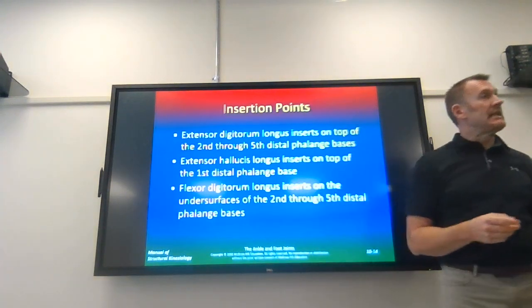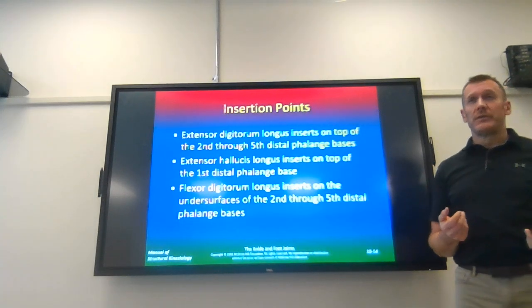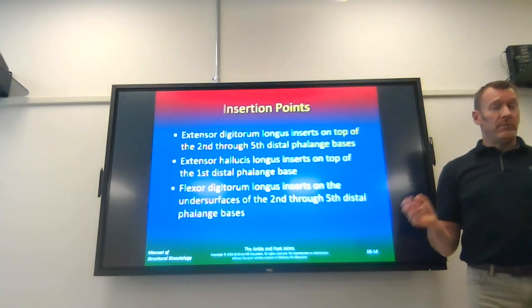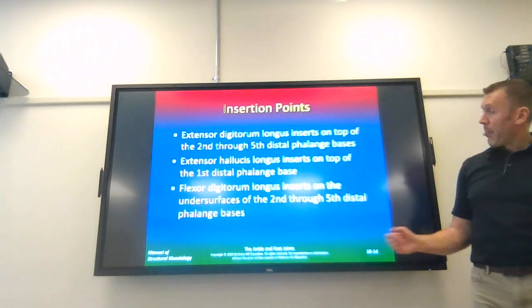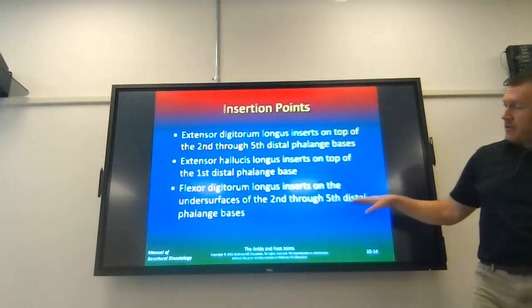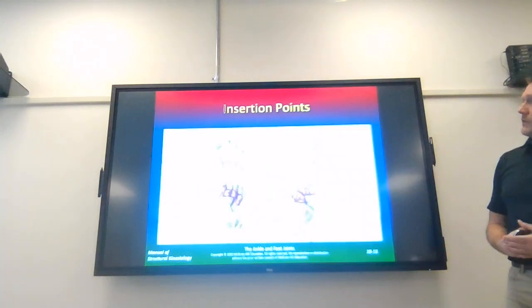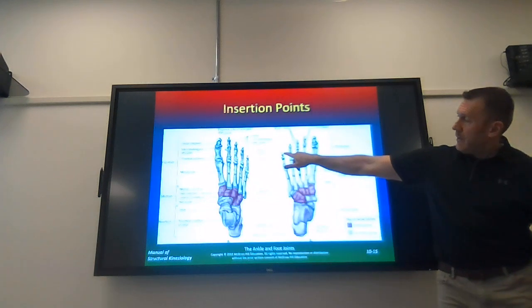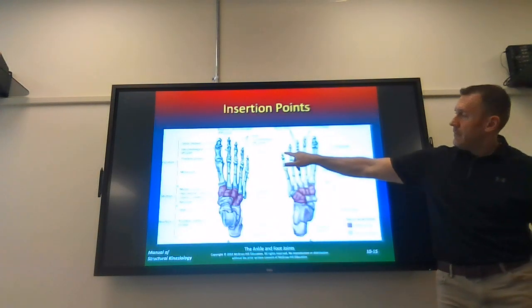Okay, so then the next one, really simple. So you've got flexor of the toes, extensor of the toes. So this would be the flexor digitorum longus. So now you're back on the undersurface of the foot, so the right part of your diagram. And it would be the 2nd through 5th distal phalange bases. So right here on the undersurface of the right foot, the distal phalange bases for the 5th, 4th, 3rd, and 2nd toes right along here.